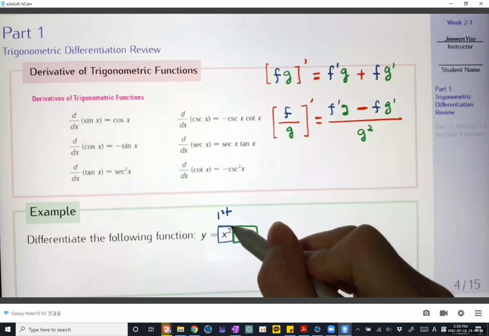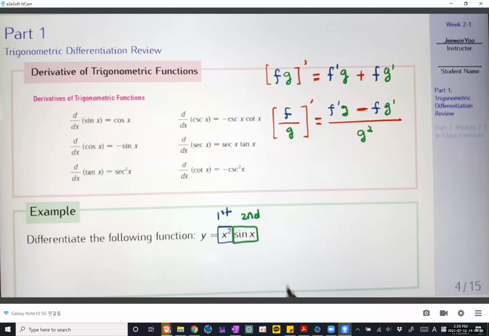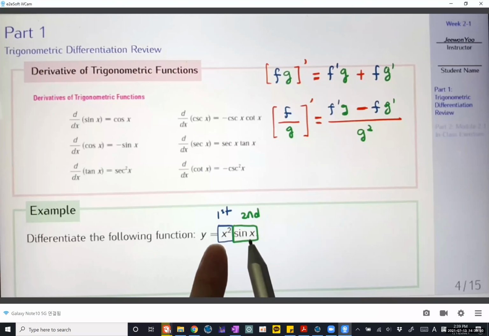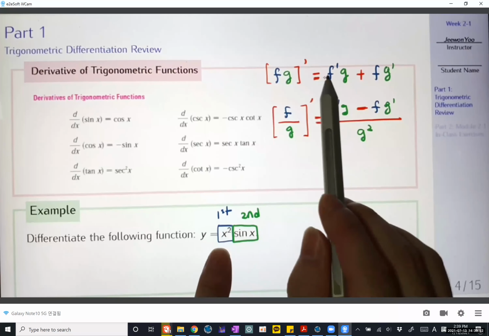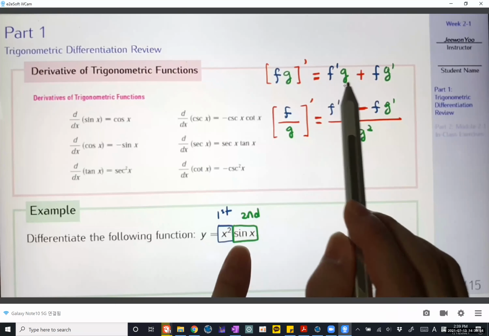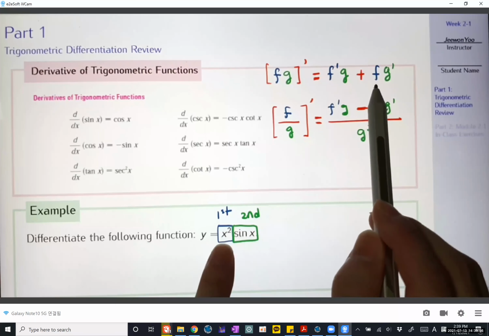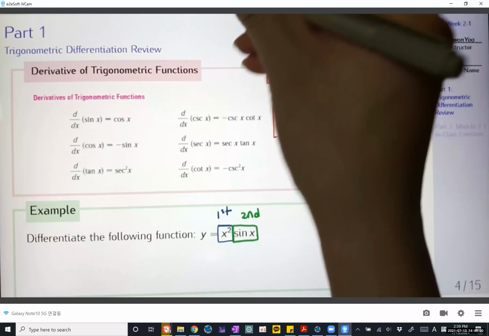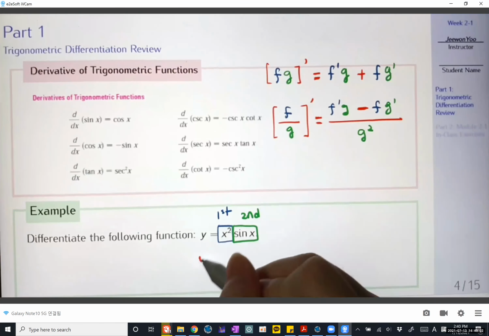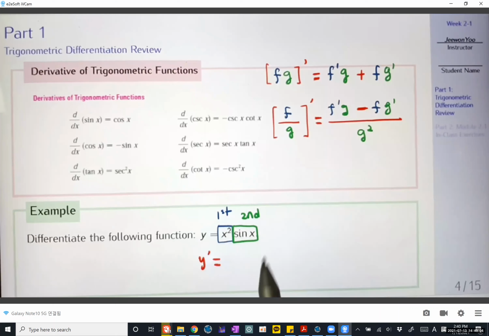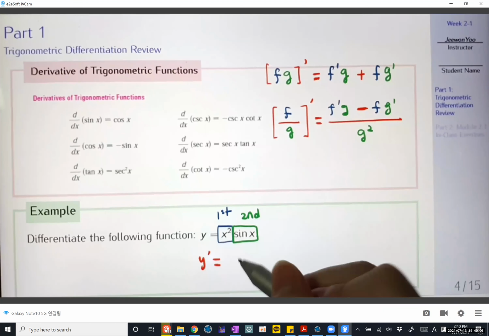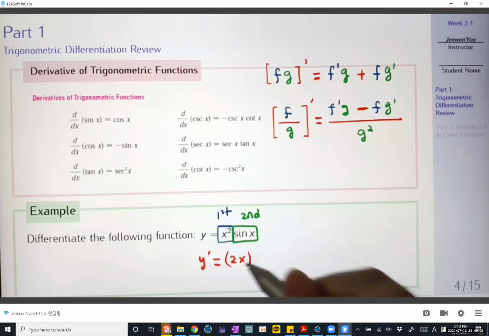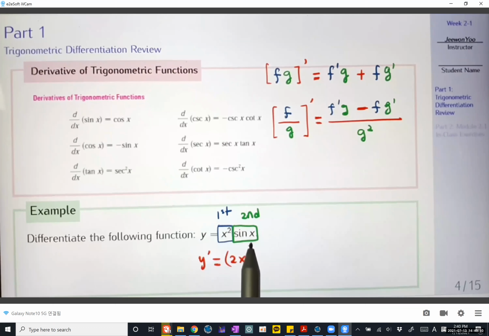Did you guys notice that we have first and second, then the blue prime times the original green plus the original blue times the derivative of the green. So the answer becomes y prime equals the derivative of the first guy, which means 2x, times the original second guy, green, sine x.